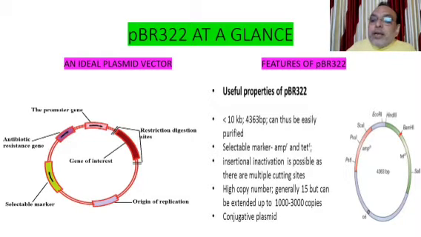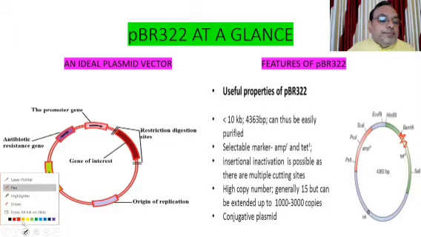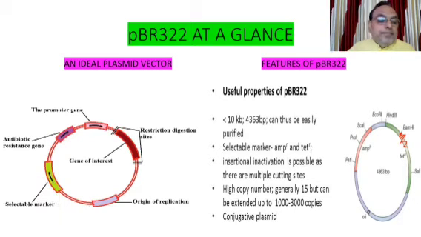So if we cut this site by restriction endonuclease and integrate another DNA, so here we have cut that site, and now we have integrated the DNA of our choice here.